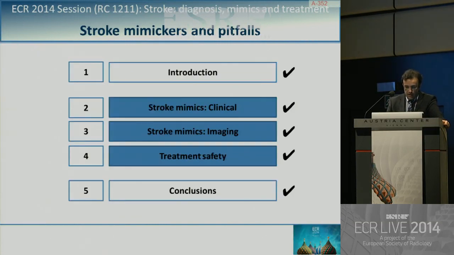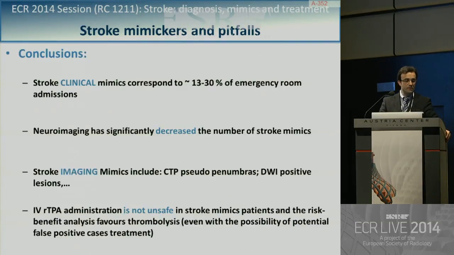So what are actually the conclusions that we can get? Stroke mimics on the clinical side are almost 13 to 30% of cases. Neuroimaging has actually allowed to decrease this number dramatically, and this means that we provide a safer treatment if we use better imaging modalities.